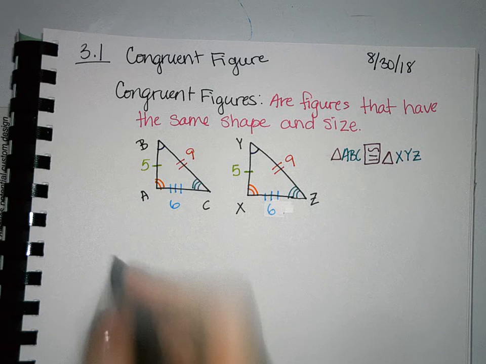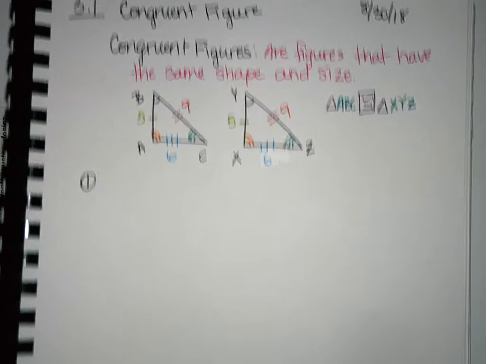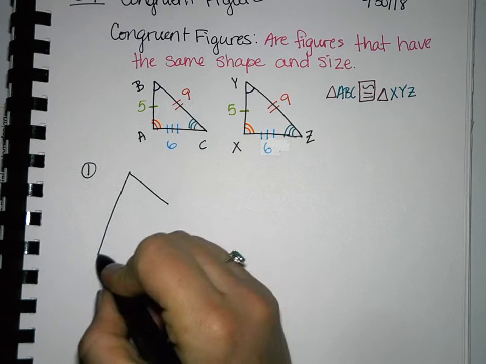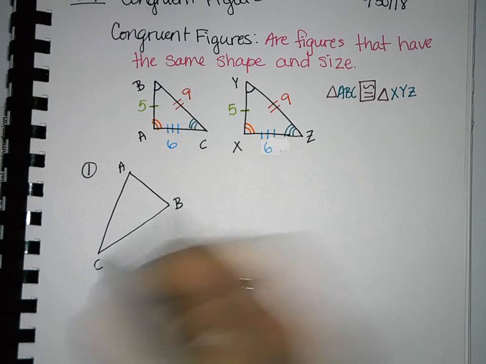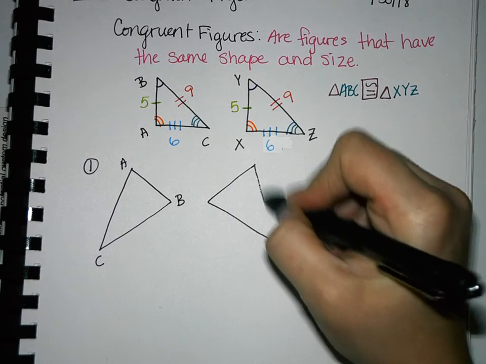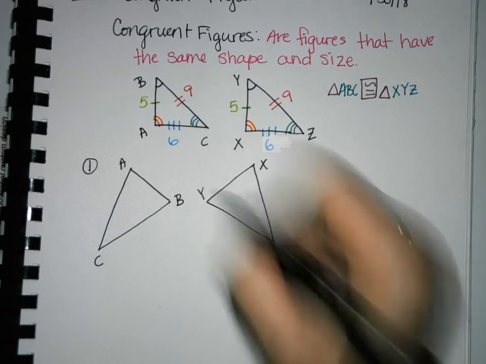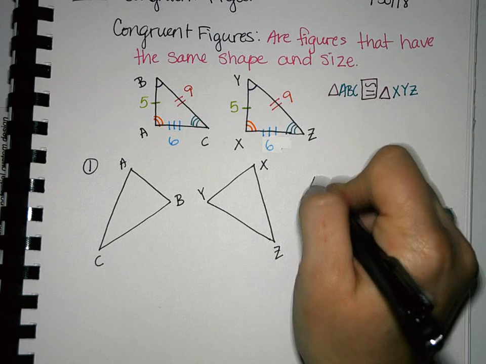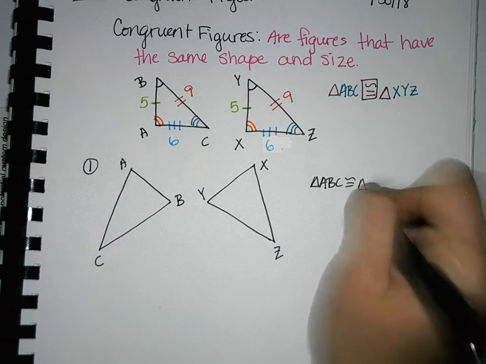So here's our first example, and again we're going to draw two triangles. So I'm going to again start with triangle ABC. And then I'm also going to go with X, Y, and Z. And I'm going to tell you that triangle ABC is congruent to triangle XYZ.